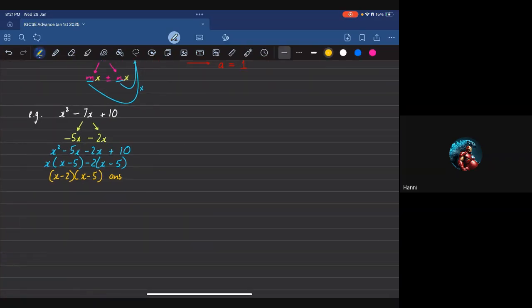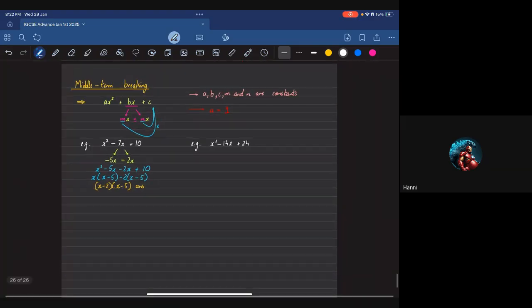Now I want every one of you to do one similar question like this. This is really easy. Let's think of x squared minus 14x plus 24. All right, guys, I want you to solve this question by middle term breaking.